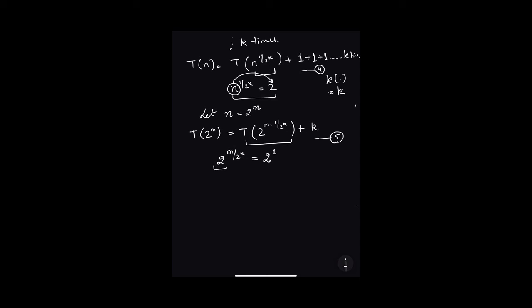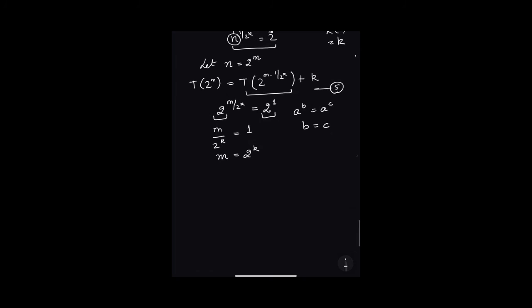Now just check that when the bases are same, powers are equal. We know that if a raised to the power of b is a raised to the power of c, we can say that b is equal to c. So I can say that m by 2 to the k is equal to 1 and m is equal to 2 raised to the power of k. So the value of k that I will be getting is log m base 2.